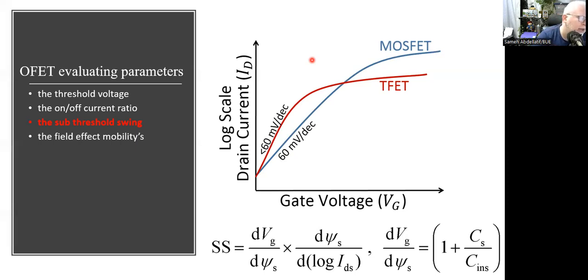And here, you can see a higher slope in terms of current with respect to voltage, but with a lower current. And here we have a lower slope with a higher current, and this is some sort of a trade-off between MOSFET and FET in this subthreshold swing behavior.